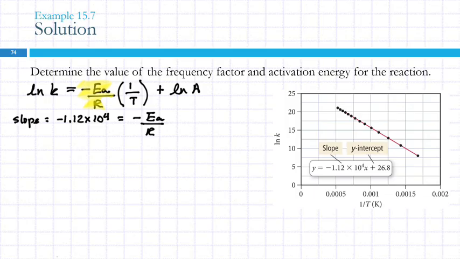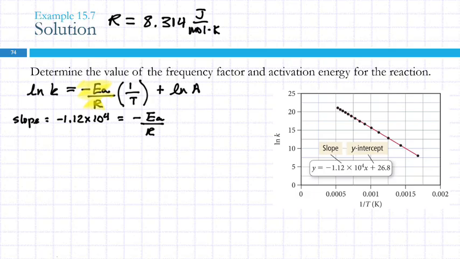So can we find the activation energy? Sure we can. We have a mathematical equation. It looks like it has 2 variables, but R is the ideal gas constant. R is equal to 8.314 joules per mole kelvin.